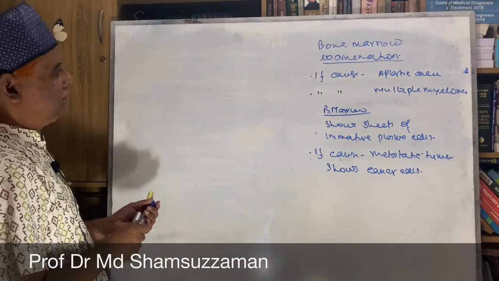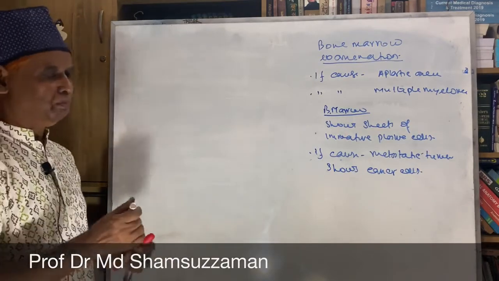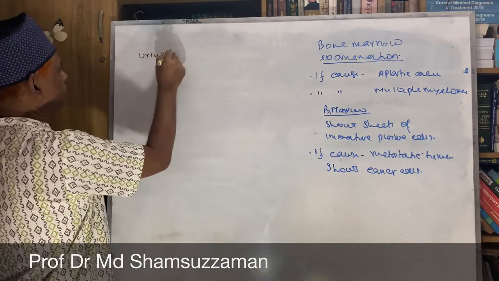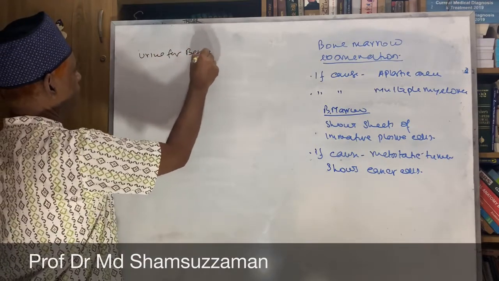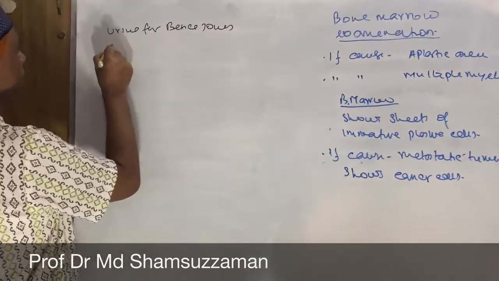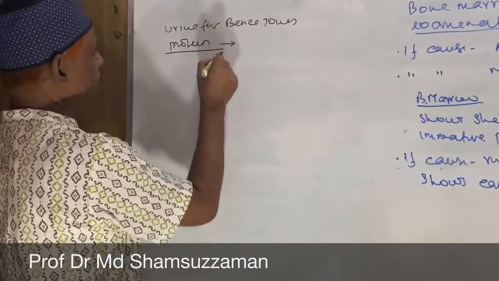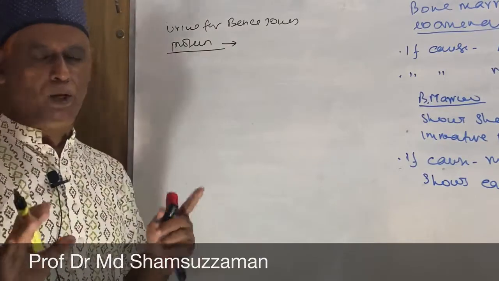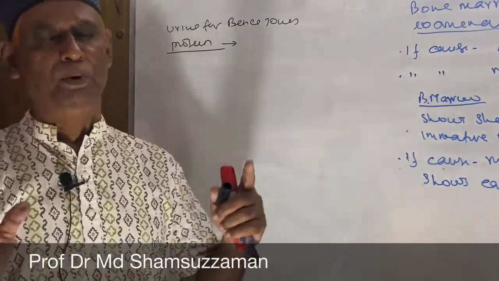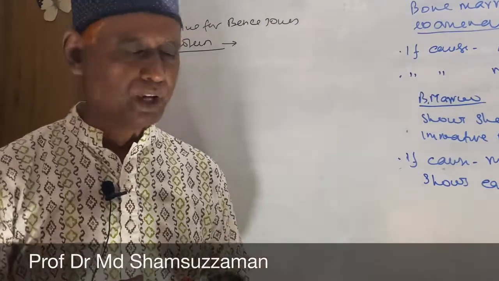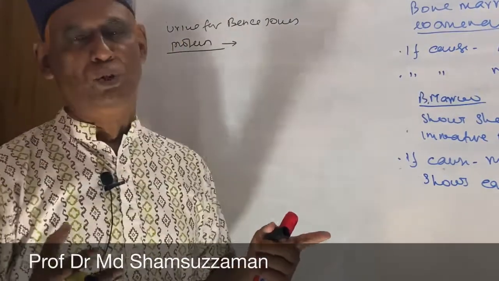And another examination, urine for Bence Jones protein. Dear audience, you know, if anybody suffers from multiple myeloma, in about 40% cases, if we do urine for Bence Jones protein, then we can get Bence Jones protein in urine.